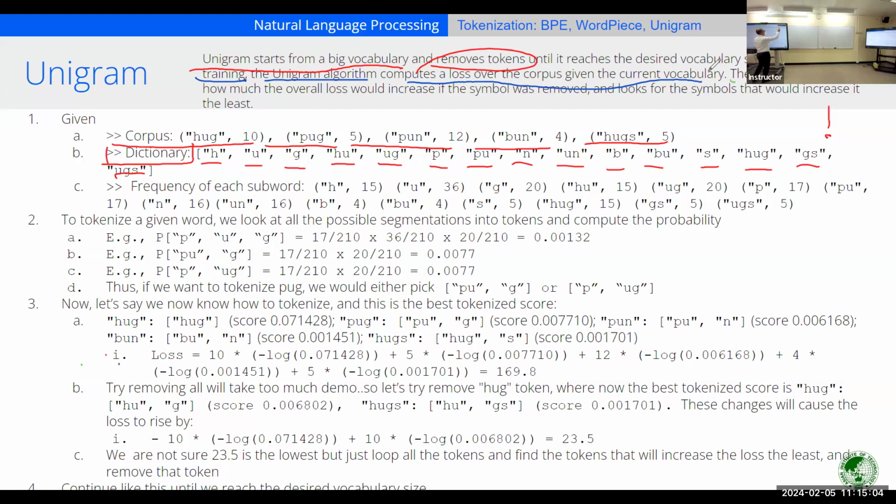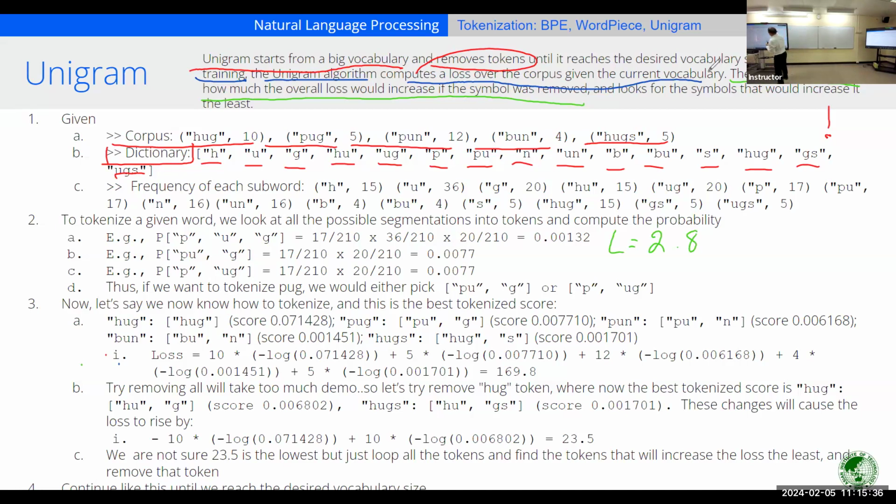Then the algorithm computes how much the overall loss would increase if a symbol is removed. The one that increases the least will be the one that is gone. That means it is of least use. Do you understand? Say my current loss is 2.8.